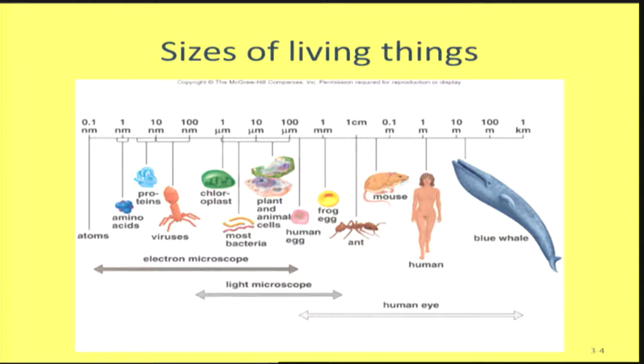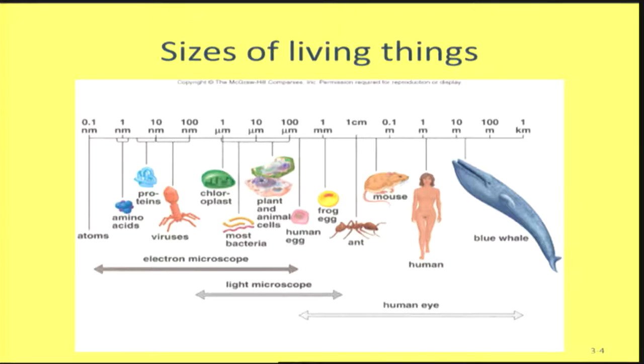Now, the size of living things ranges from 0.1 nanometers to 1 kilometer. With the help of the electron microscope, we are able to see atoms, amino acids, proteins, viruses, most bacteria, plant and animal cells and human eggs.